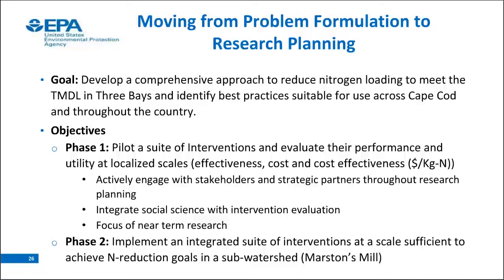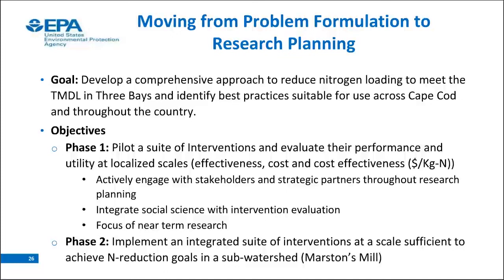So phase one, we heard over and over that pilot a suite of interventions and evaluate their performance at localized scale. So that's actively engaging with stakeholders to identify where and what to do, integrating social science with that intervention evaluation. And that's really the focus of our near-term research, is piloting interventions.